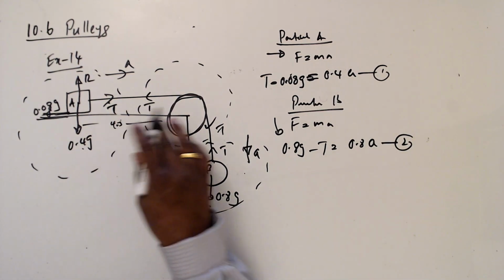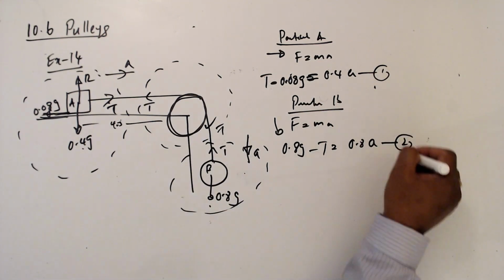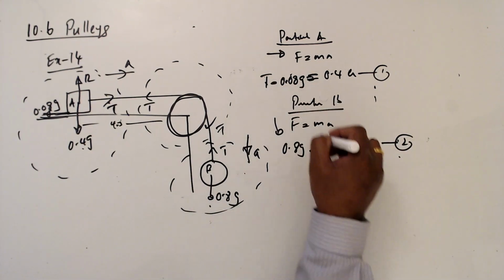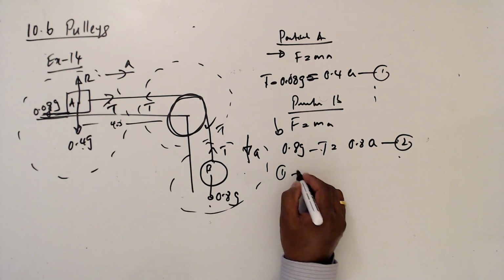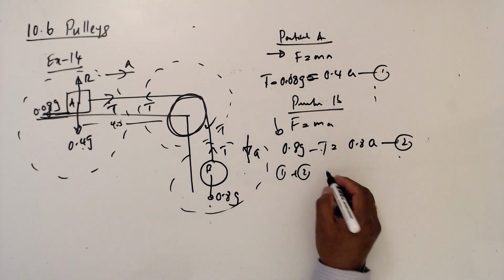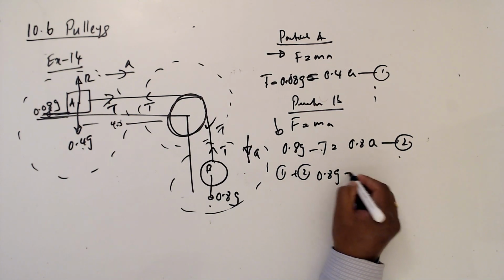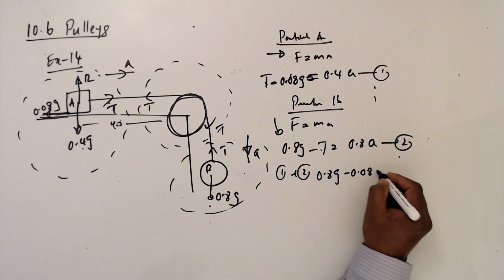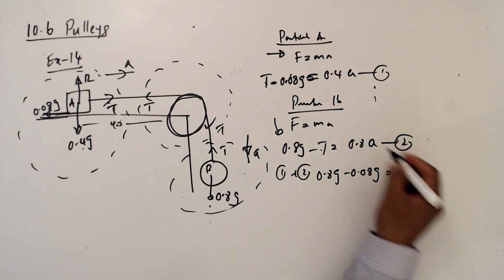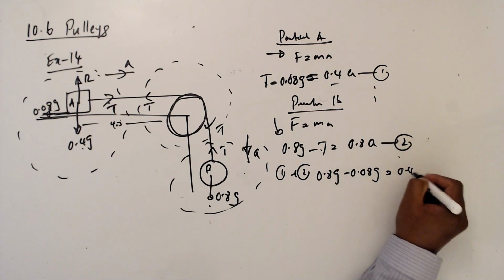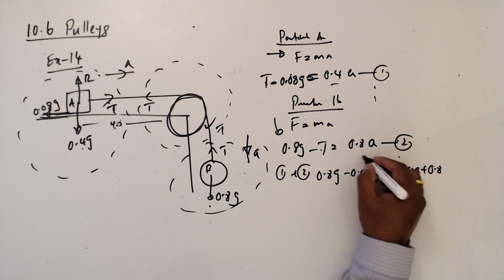Now we need to find the acceleration. So we know that when we add those two together, the T's cancel out. So 1 plus 2, T is going to cancel out, and 0.8 g minus 0.08 g equals 0.4 a plus 0.8 a.